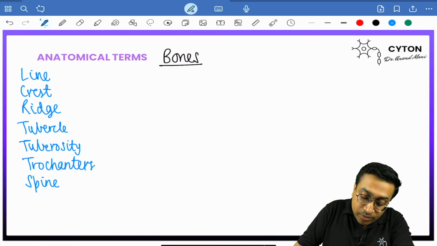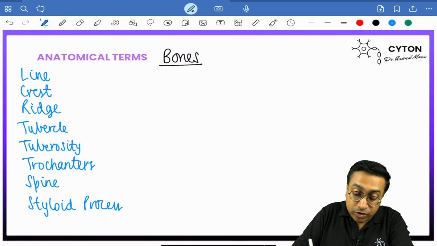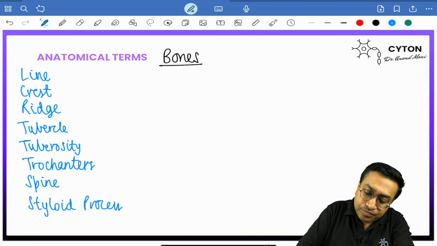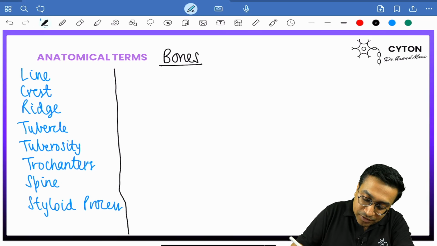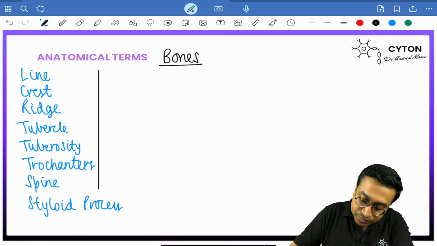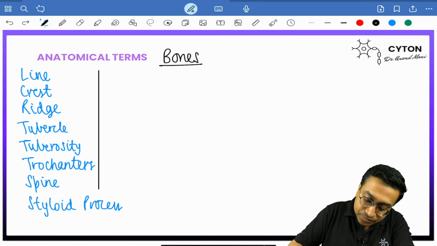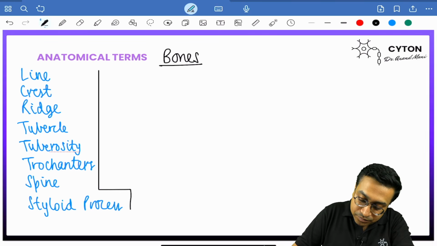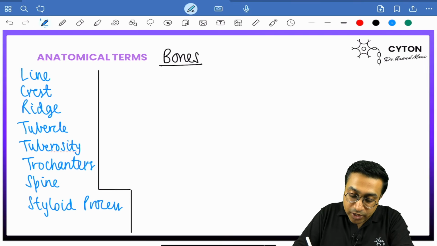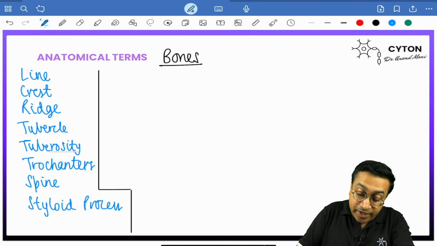Then styloid process, that is sharp pointed bony projection. The list is quite long. Okay, be patient. Styloid process. Then the head.